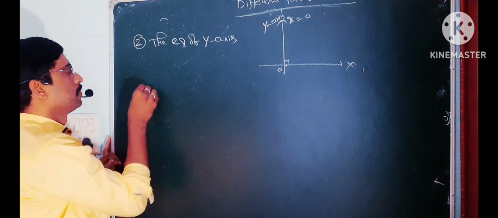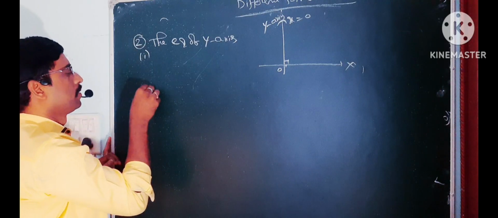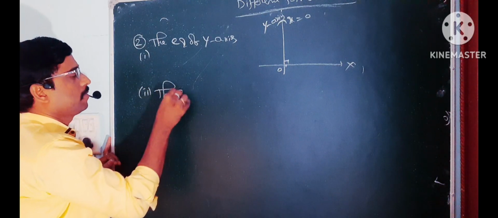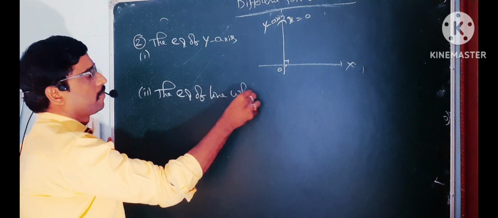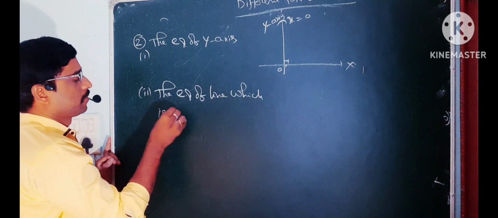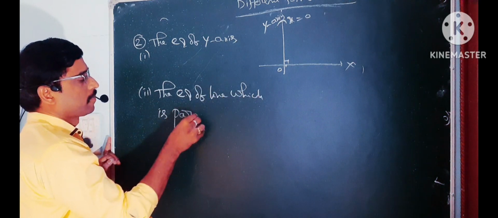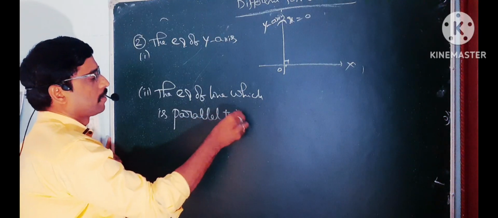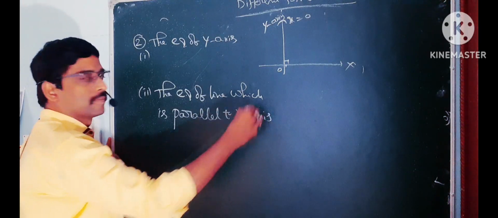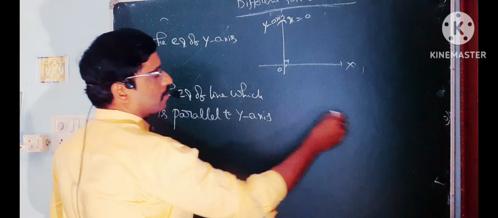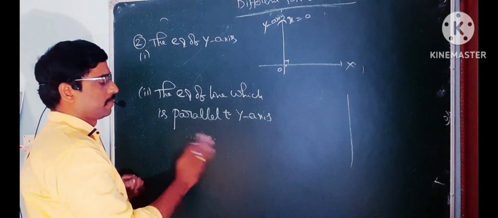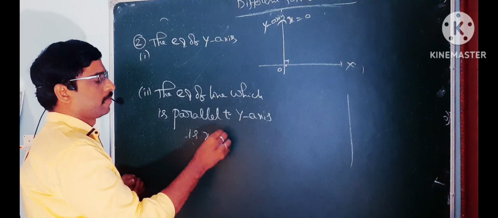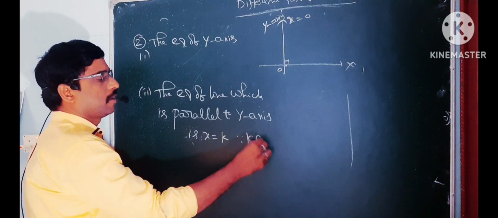Next point, the equation of line which is parallel to y-axis is x is equal to k, where k belongs to any real number.